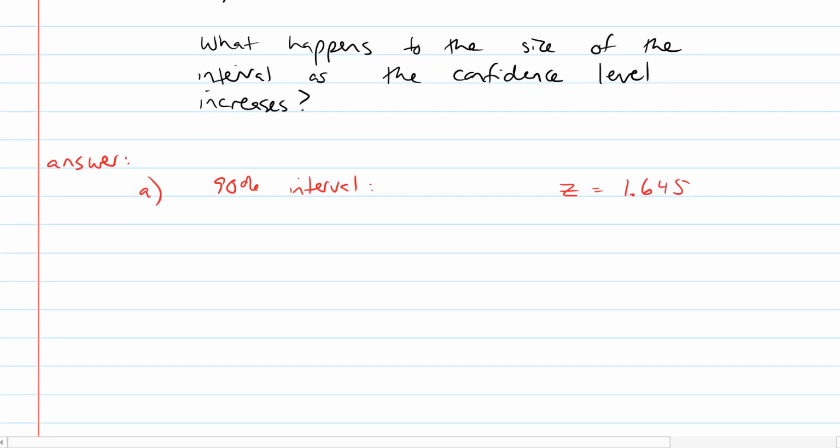And then we go ahead and we write down the formula for the confidence interval, which is mu is equal to x bar plus or minus z sigma over the square root of n.